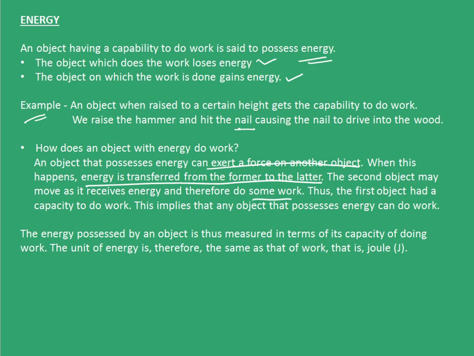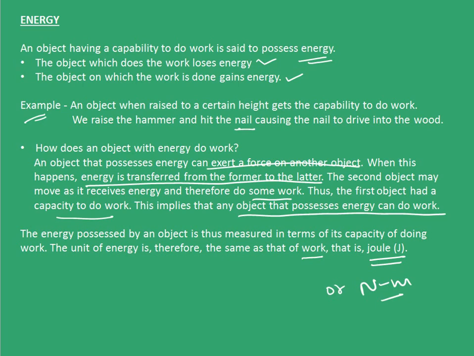Thus, the object had a capacity to do work. This implies that any object that possesses energy can do work. The energy possessed by an object is thus measured in terms of its capacity of doing work. The unit of energy therefore is same as that of work, which is joules or Newton meter.